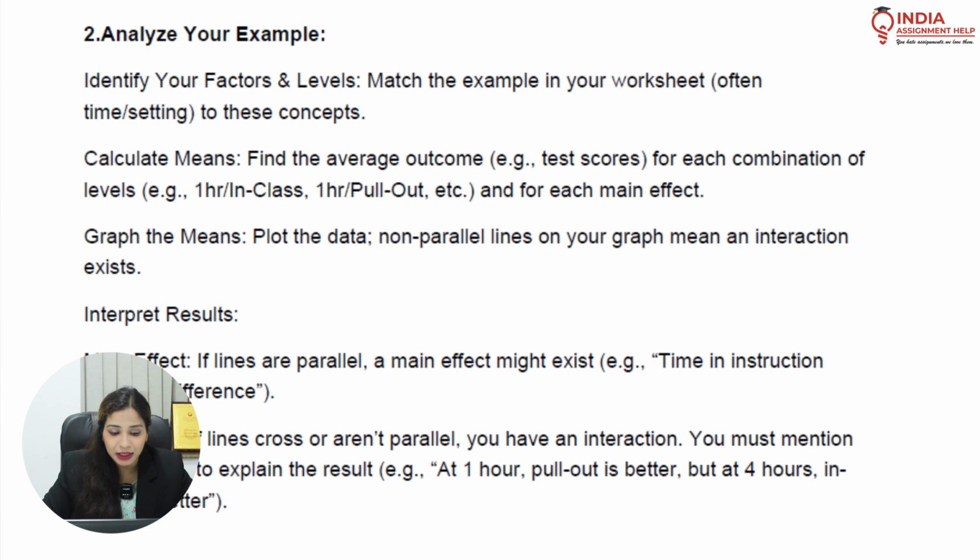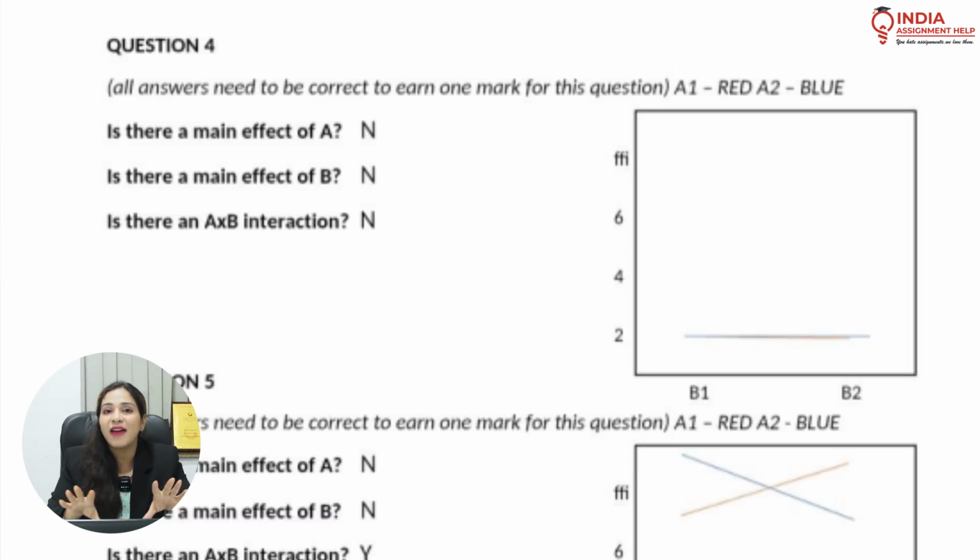Now I'll give you one example here. If you see in question 4, there is a parallel line between B1 and B2. What does this signify? This is a factor diagram. This shows that the mean of A1 is 4, which is the midpoint of 2 and 6.